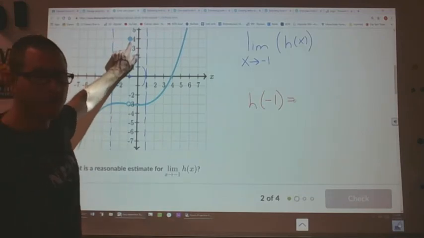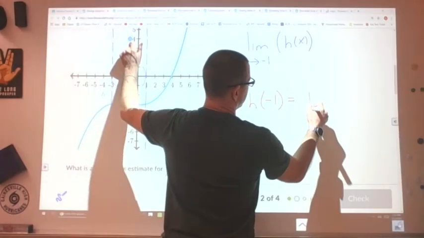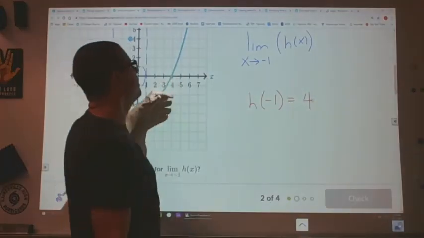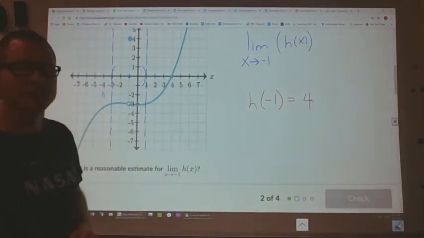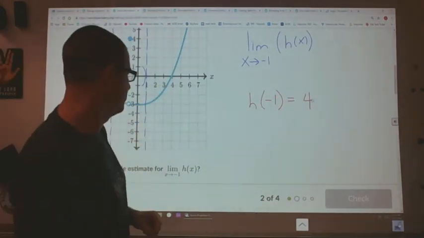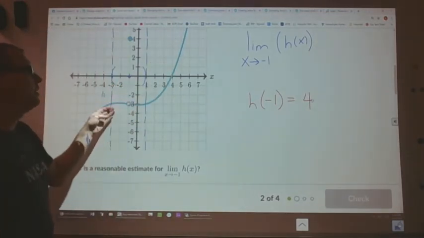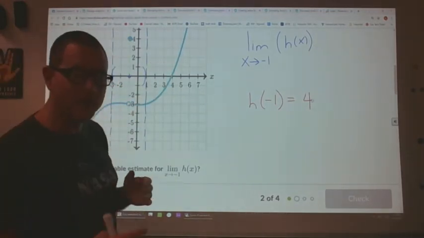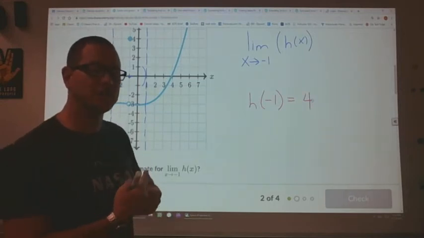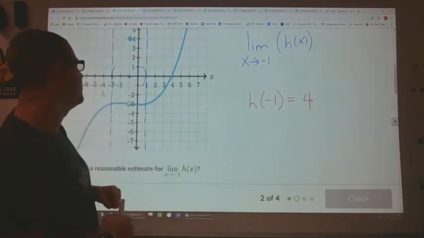I've got the dot at 4. But clearly the behavior of this function is not leading me to that value. That value is way up here. The graph is way down here. I want to know, if I'm on this curve, what should I expect to happen at -1?